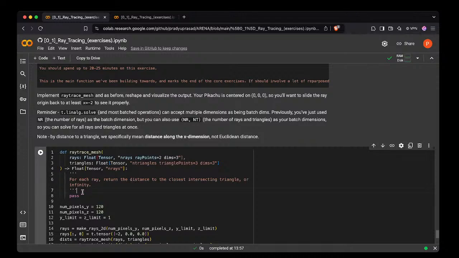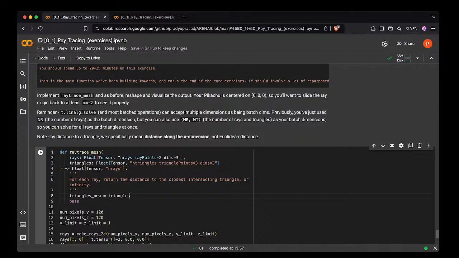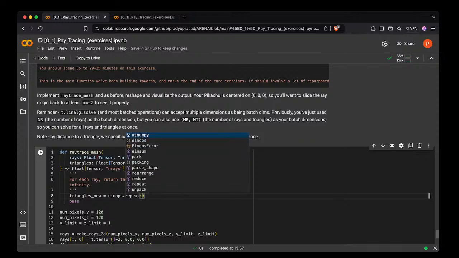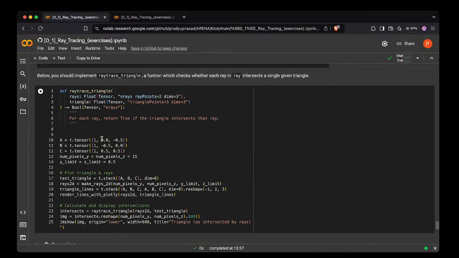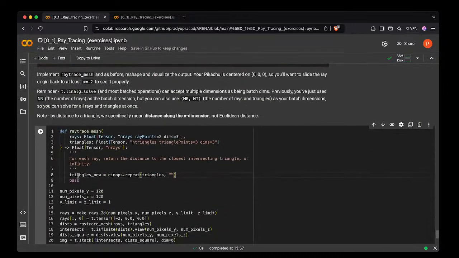So what I will say now is that I will actually transform triangle. I'll use einops. Triangles new equals einops dot repeat triangles. Oops, this is the wrong question.